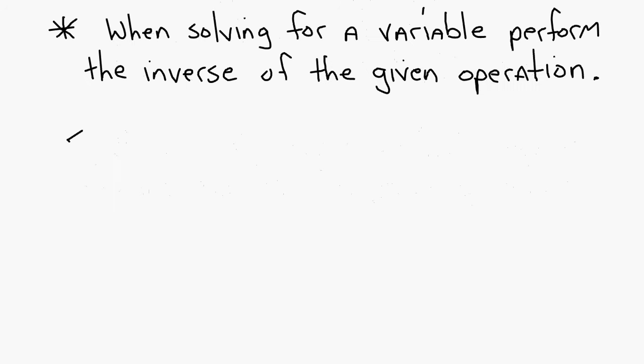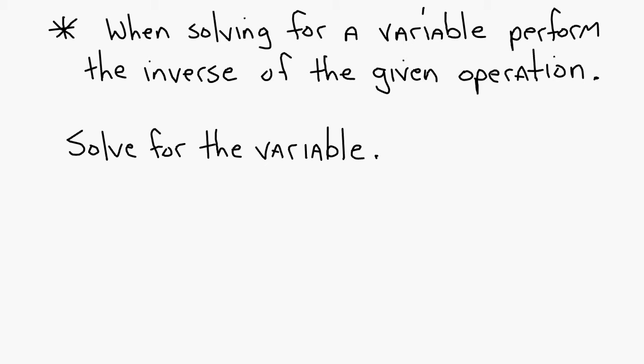All right, so today you're going to be asked to solve for the variable. So if the given problem is x minus 7 equals negative 6, we're going to perform the inverse of the given operation.